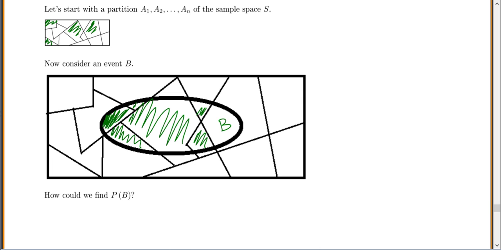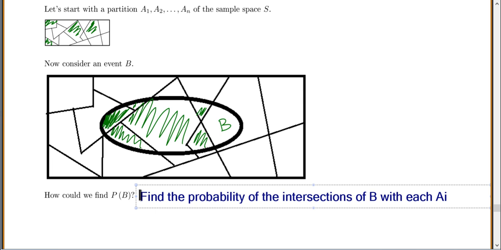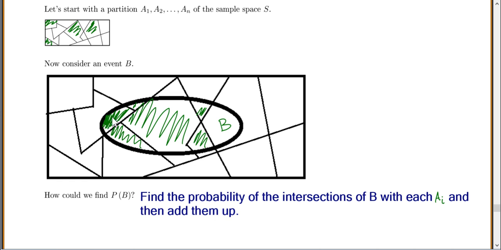We could find the probability of the intersections of B with each Ai, and then add them up. So again, you find the probability of each of these little pieces, which is really B intersected with that A piece that's behind it.